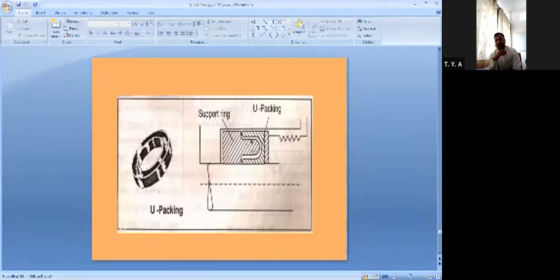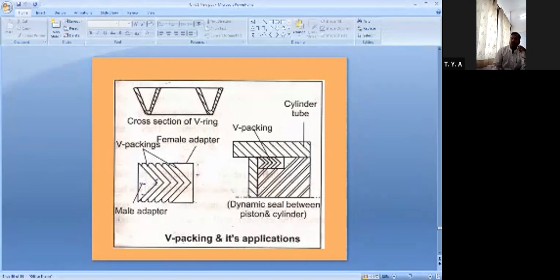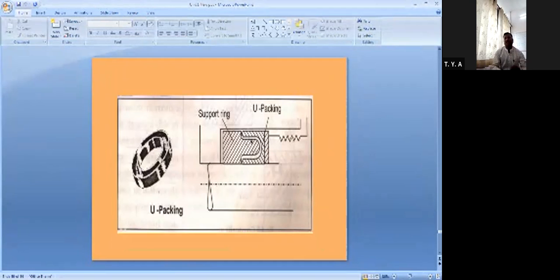Getting it? Then let us discuss the U packing. This fabricated U packing is also used in various dynamic sealing solutions.